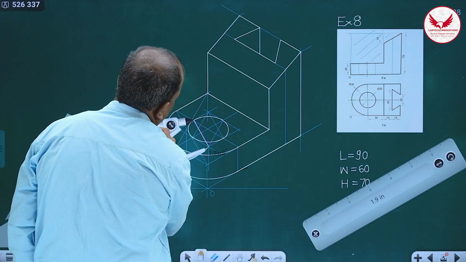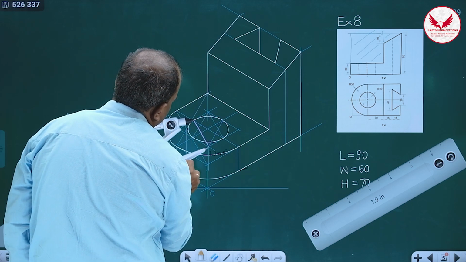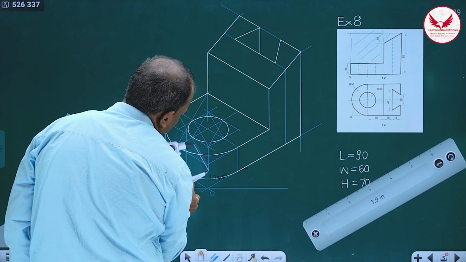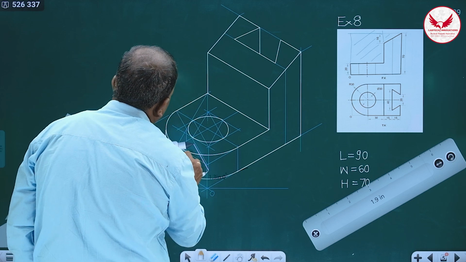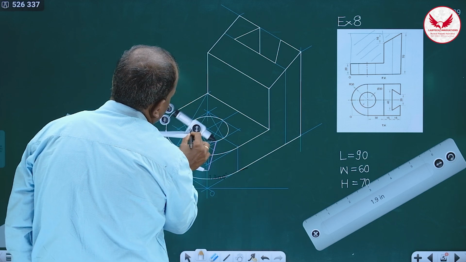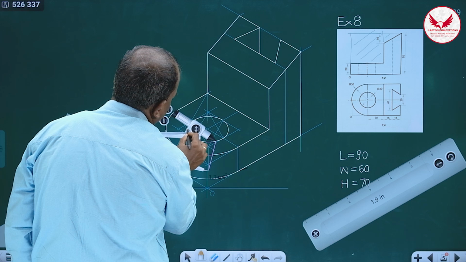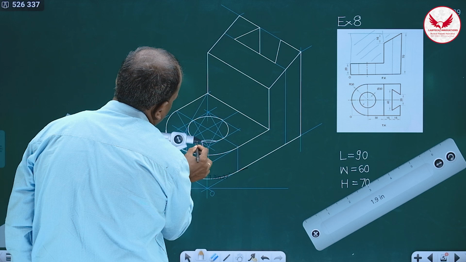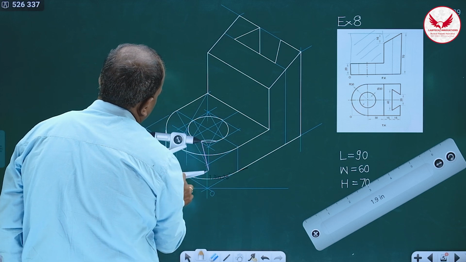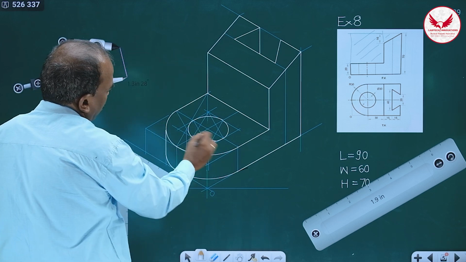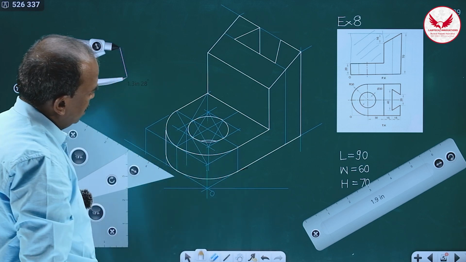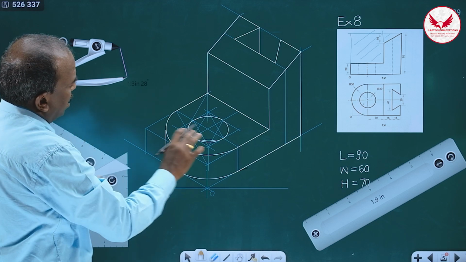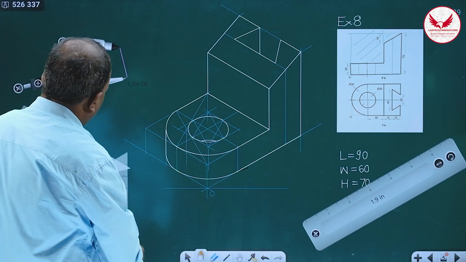Then shift this center 20 below, and if some portion goes inside of this ellipse, only that portion you have to draw. Only that portion. And if it is not going inside, then don't draw. So this is the complete answer to this question.